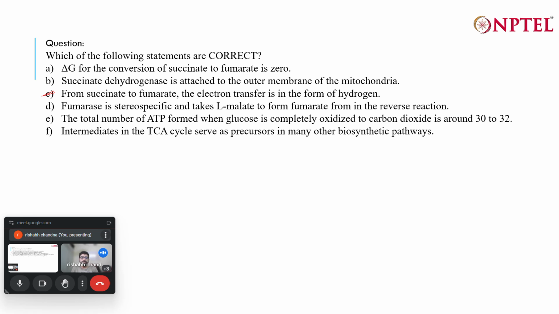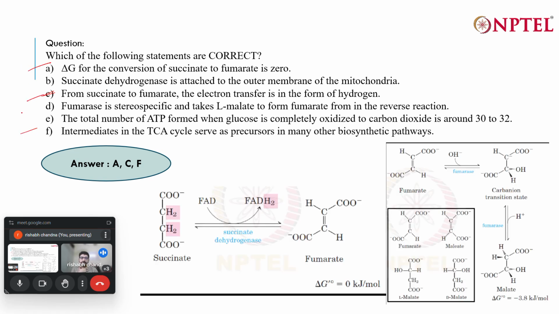So the correct answer is A, C, and F. Okay. So A is correct, C is correct, and F is correct. Okay. So let's see. Delta G for the conversion of succinate to fumarate is 0. Okay.